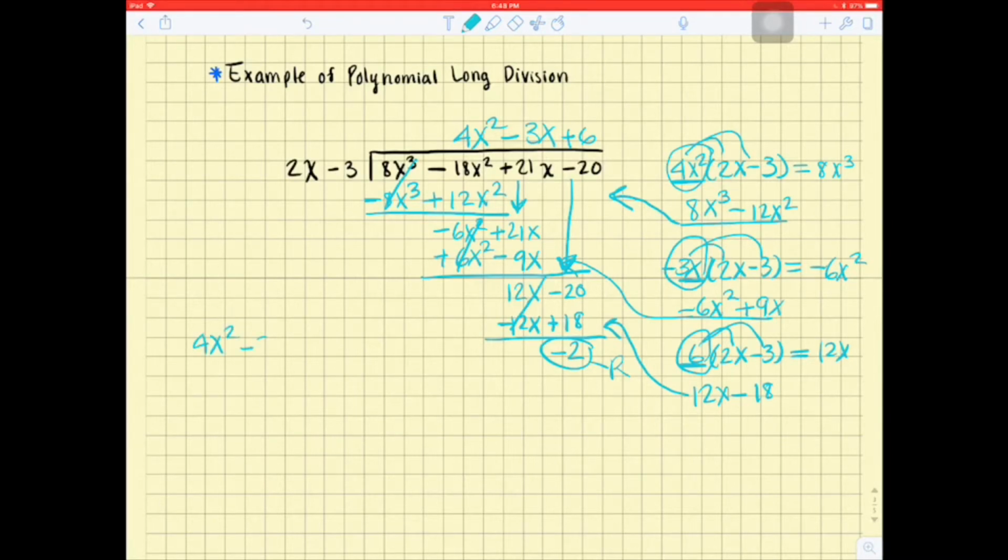So I'm just going to take 4x squared minus 3x plus 6 plus my remainder, which is negative 2, over my divisor, which is 2x minus 3. But remember that adding a negative fraction is the same thing as subtracting the absolute value of that fraction. So I'm just going to leave it like that. Okay, and this would be my answer.